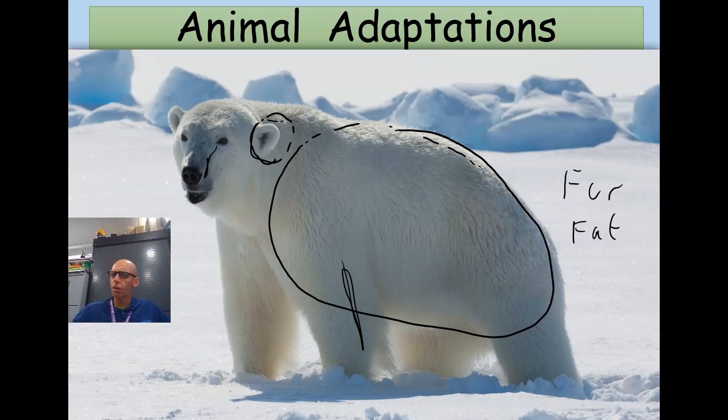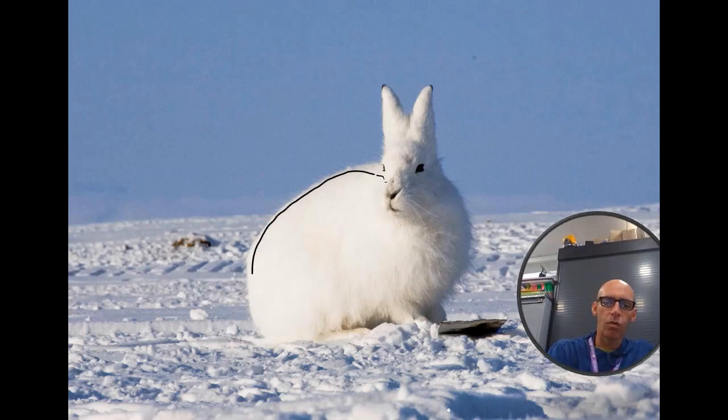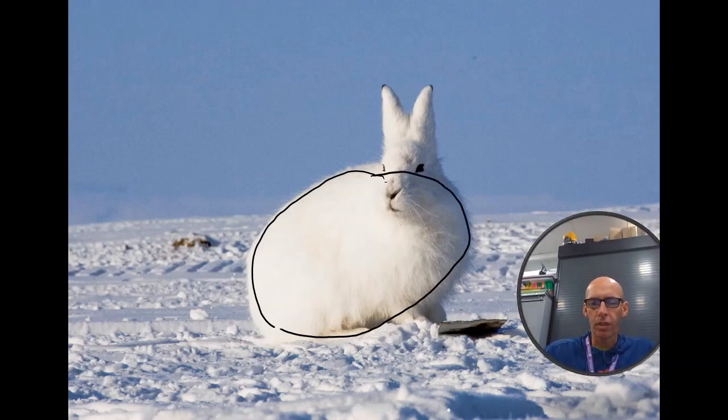And I said he, but it could be a she. Can't actually tell from here. Virtually exactly the same. And when we look at animals that live in the Arctic, well, they're white mostly. They are, again, quite a rounded shape, which means they have a small surface area, like a ball.